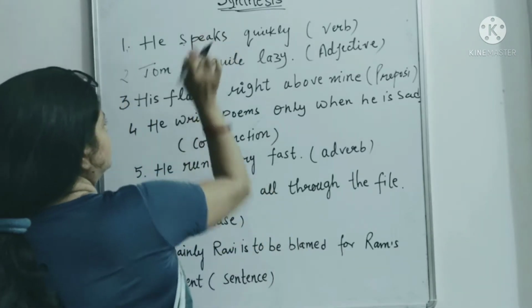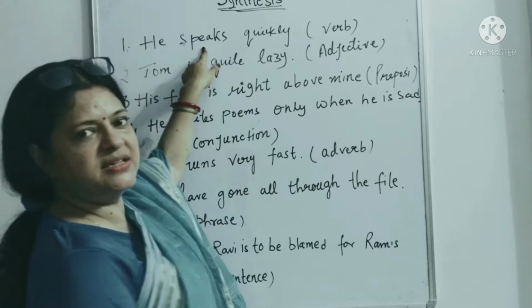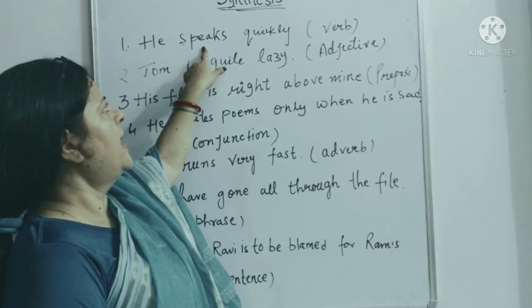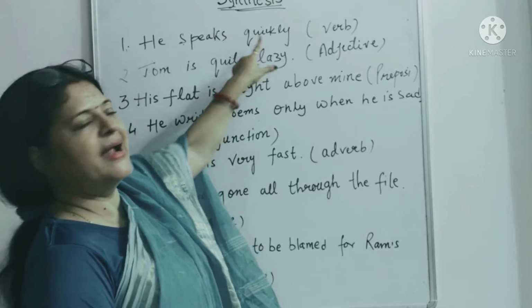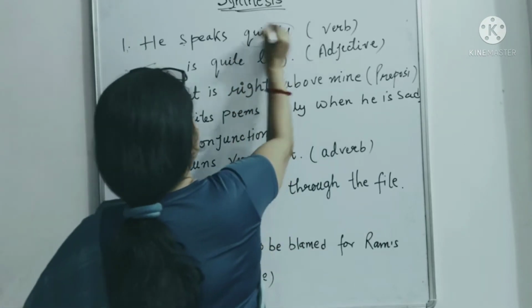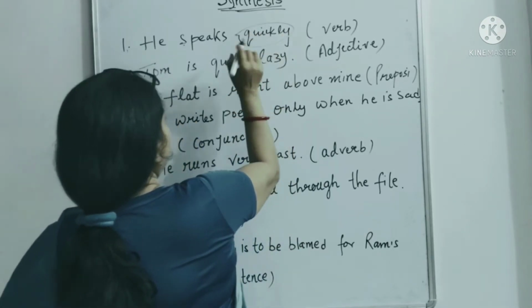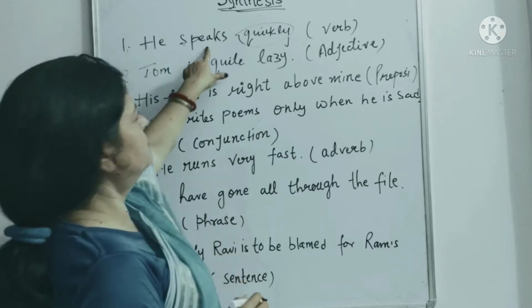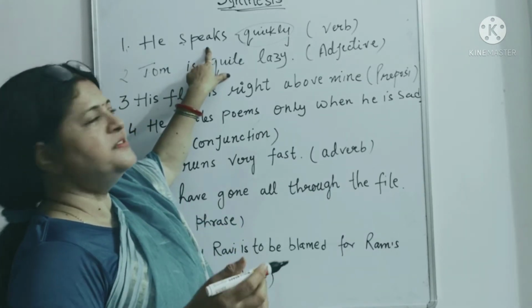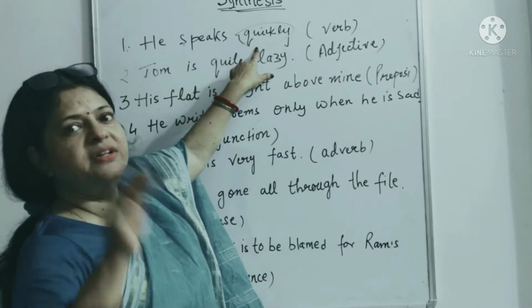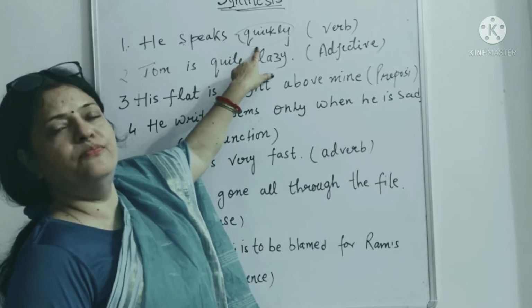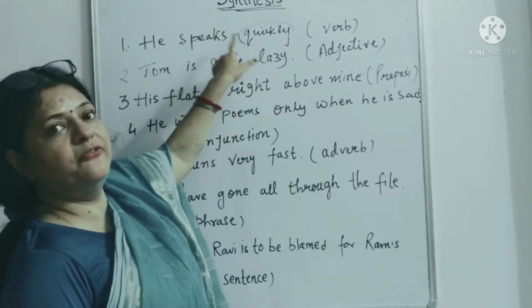How does it modify as a single word? He speaks quickly. So here we see that speaks is a verb, and this adverb quickly is modifying this verb. Since the adverb is in the objective mood, that is why it has come after the verb.